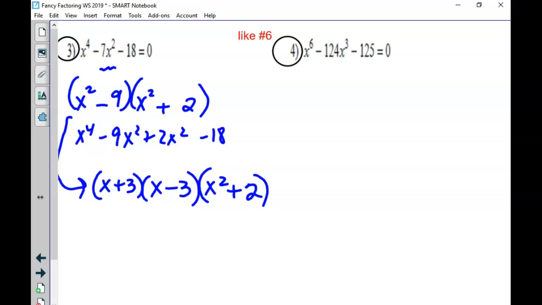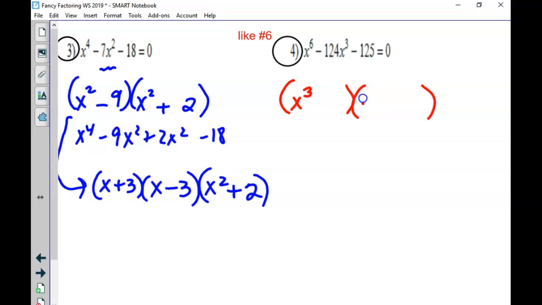Number 3 says it's like number 6. All right, this has an x to the 6th and an x cubed. Any ideas on how to start? Kind of like we did this last one. How did we make an x to the 4th? X squared and x squared? What can we do here?